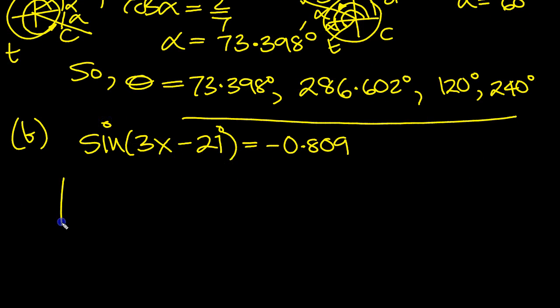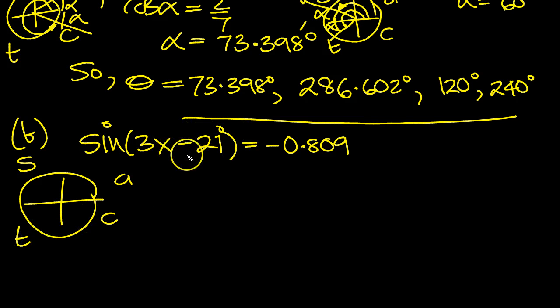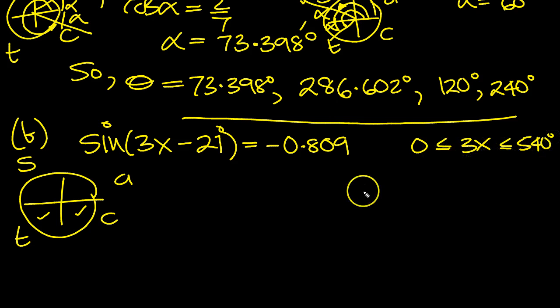Sine is negative, so let's draw our circle. I'm going to do a CAST circle, even though I'm looking at 0 to 180. Sine is positive here and here, so it's negative there and there. So x goes between 0 and 180, so 3x will be between 0 and 540. That's why we're looking for the 3x in that range.